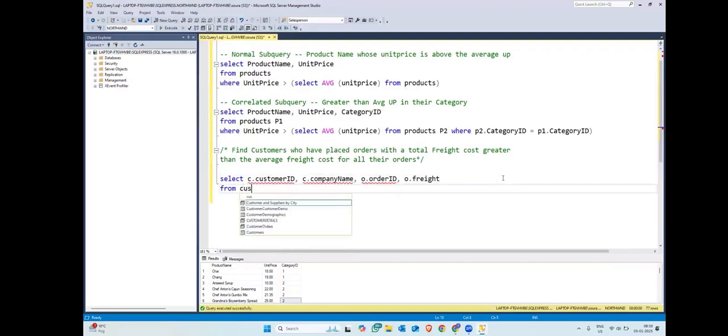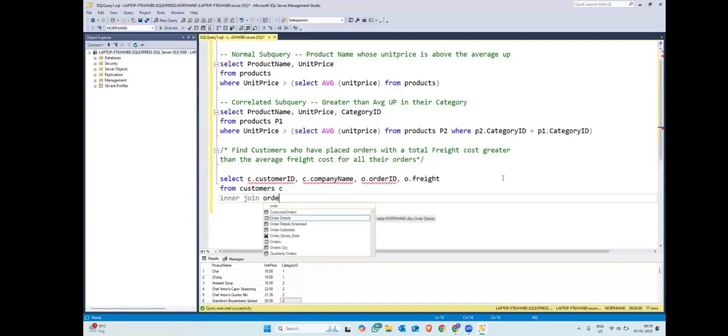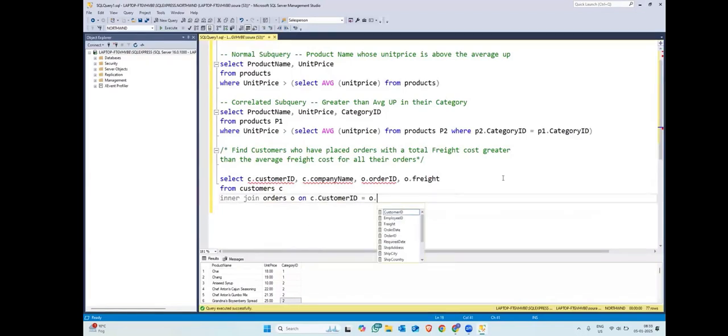Then from customers c inner join orders o on c dot customer id is equal to o dot customer id, right? This is the basic join that we have to do.